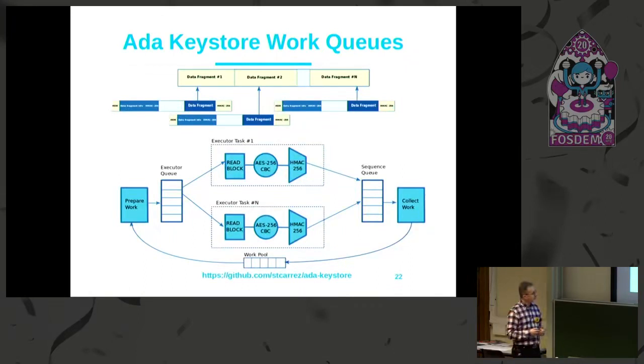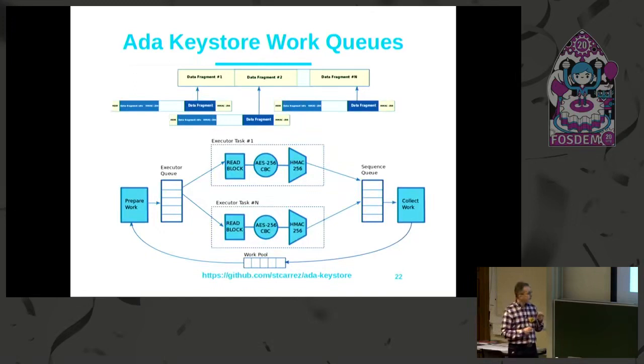Then one of the tasks here will pick the job, and it will handle all the decryption process: reading the block, decryption, verification of the HMAC signature, and at the end it will put the result in a sequence queue, so that at the end we pick the data in sequence.